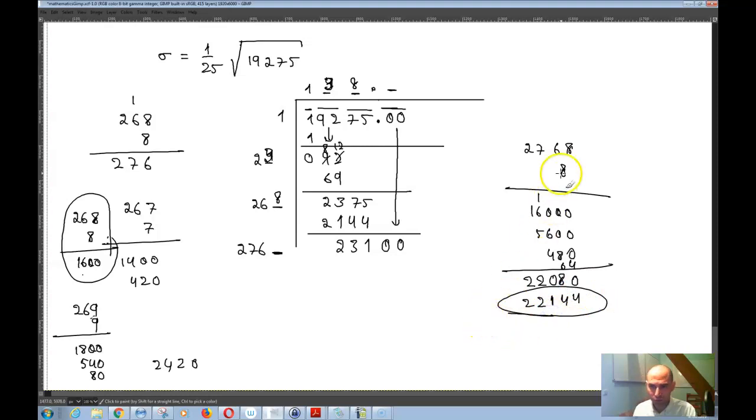That's going to be basically this number multiplied together. 2,768 times 8 is equal to 22,144 exactly. So I write this as 8 and 8 here, and it's 22,144. You subtract.